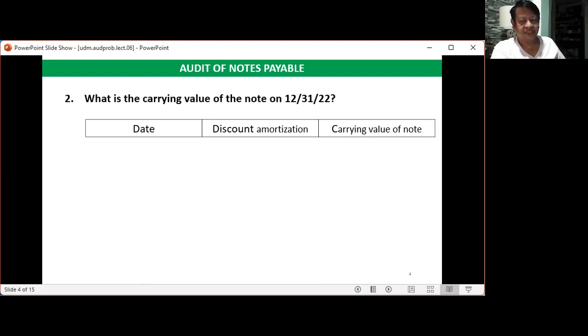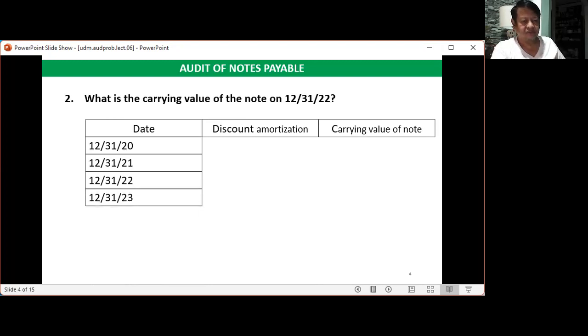There was a discount because it is the difference between the amount of the promissory note and the present value of the promissory note. On December 31, 2020 is the date of issuance of the promissory note, and we have 4 years to settle this obligation.